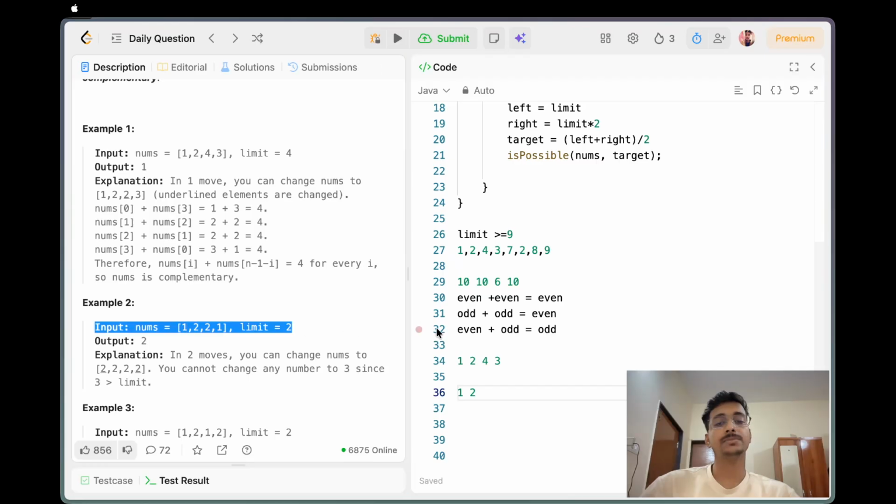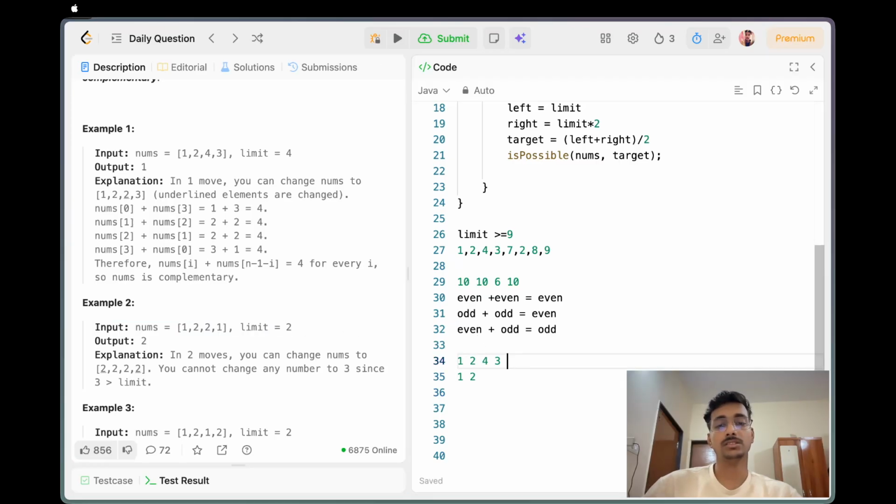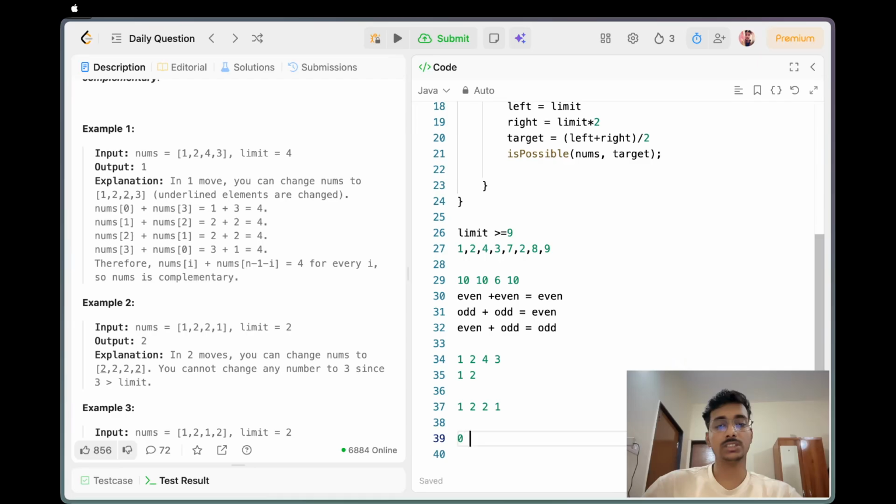In this case, 1, 2, 2, 1. So difference is 0, difference is 0. So basically difference is 0 0. It doesn't make any sense.